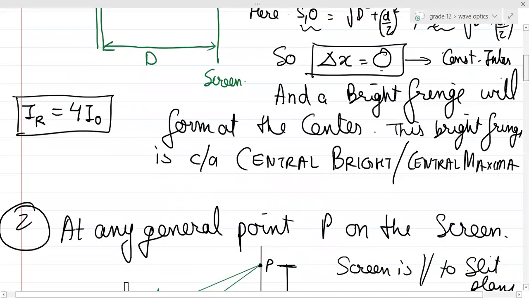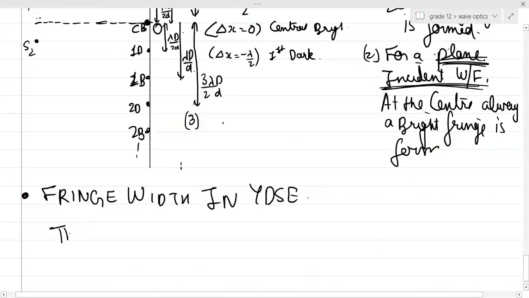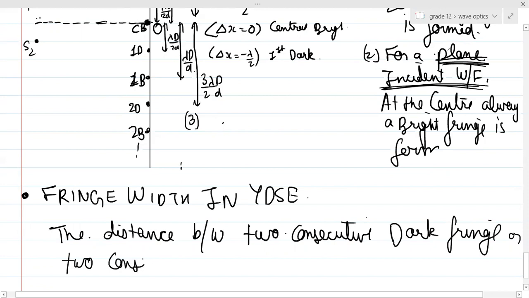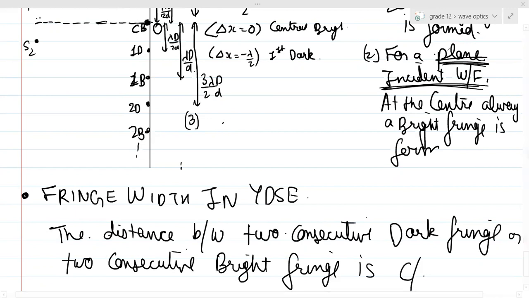Please write down the definition. The distance between two consecutive dark fringes or two consecutive bright fringes is called as fringe width.